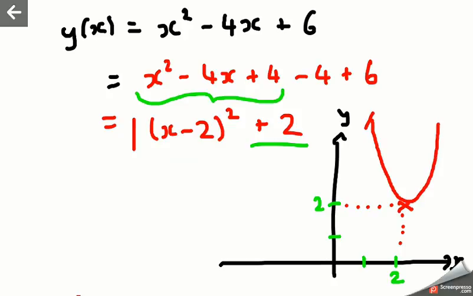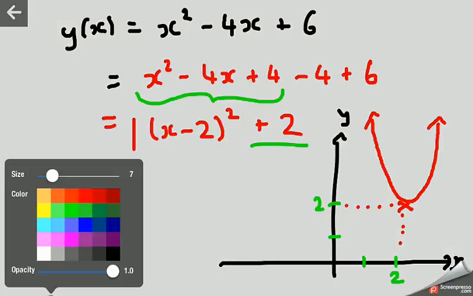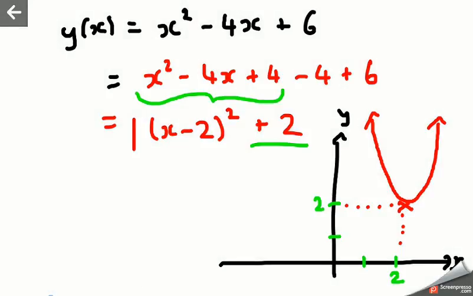And it goes off forever in that direction and forever in that direction. In particular, where does this thing cut the x-axis? Where does y equal 0? Where is this thing equal to 0? Well, nowhere. If it was equal to 0, then it would cut the x-axis, because this blue line is the line y equals 0.